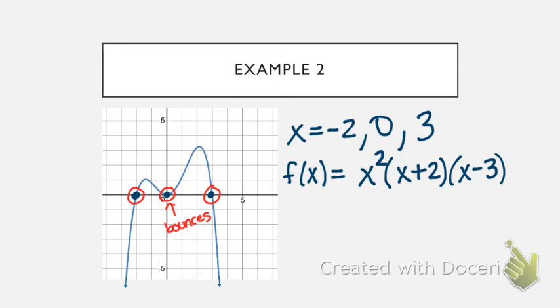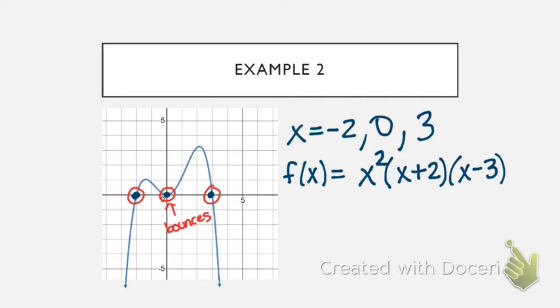The factor that belongs to that location on the graph was the x that was out there by itself. If I put a squared on the x plus 2 factor, then that's saying that the graph will bounce at an x value of negative 2, but that's not true. If I put a squared on x minus 3, then that's saying that the graph bounces at an x value of 3, but that's not true. The bounce occurs at the x value of 0, which is related to the factor where it was just x hanging out by itself. All right.